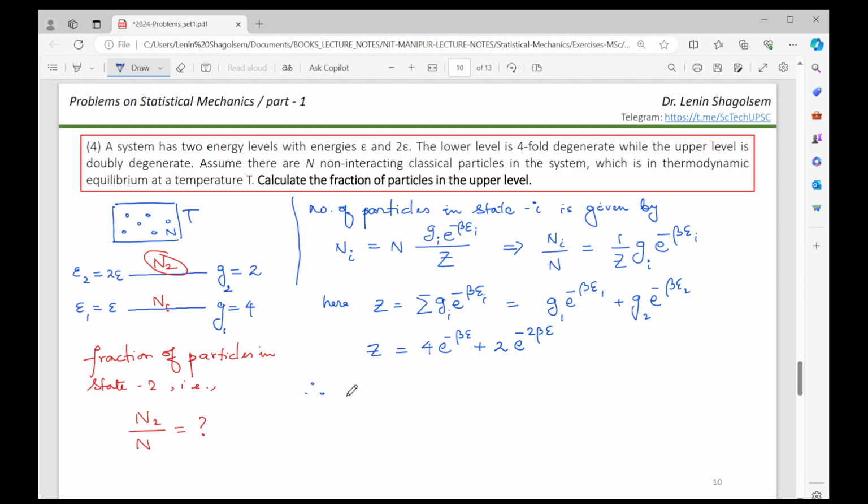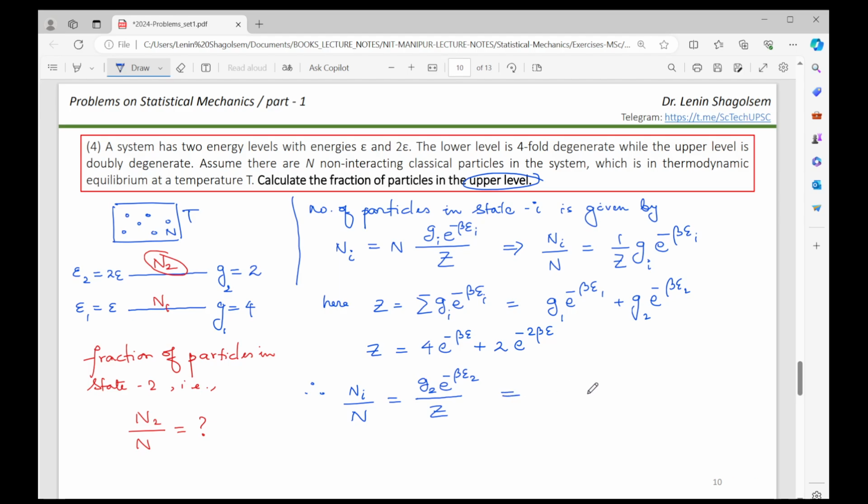therefore the fraction of particles in the energy state denoted by i is simply this. So the question was in the upper level, which is denoted by 2, then g2 e to the minus beta e2 divided by the partition function.